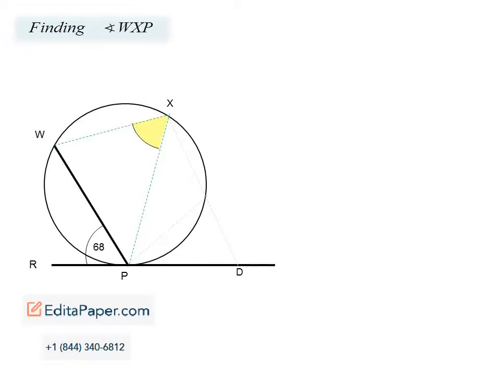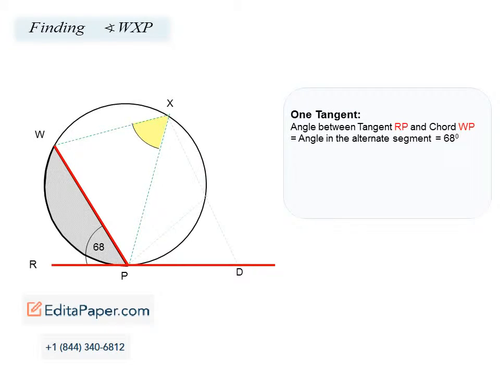So let us find the first angle WXP, and we note that we have the angle 68 degrees which is given between WP, the chord, and the tangent RPD, and therefore the angle subtended in the alternate segment must also be equal to 68 degrees as shown.